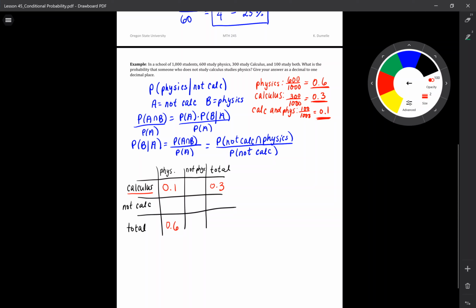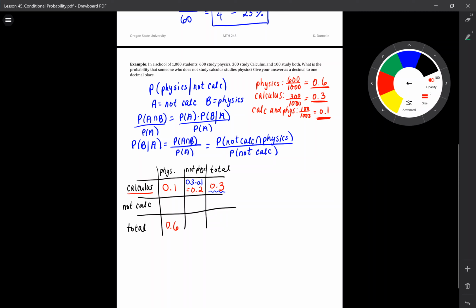Now I can fill in this table a little bit. In this spot right here, we are asking how many students are taking calculus but not physics. Well, this row adds to 0.3. So in this one right here, I'm going to have 0.3 minus 0.1, so that will be 0.2.